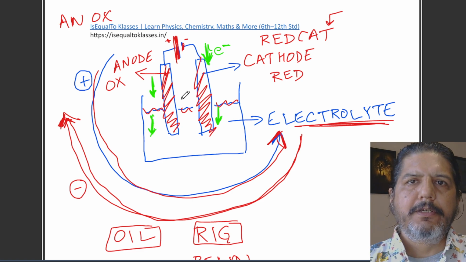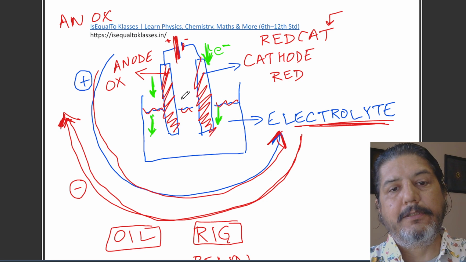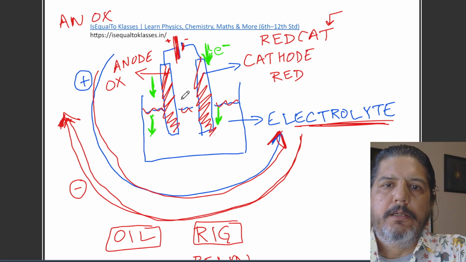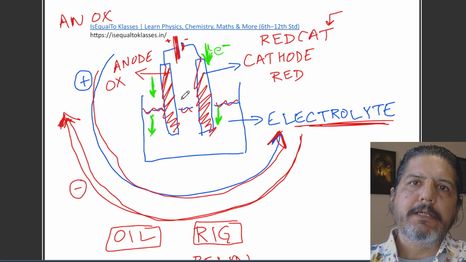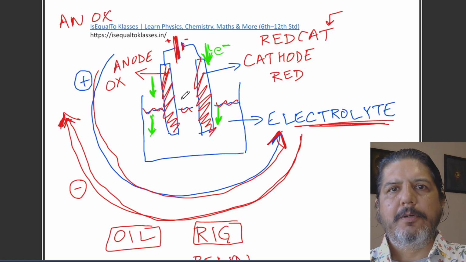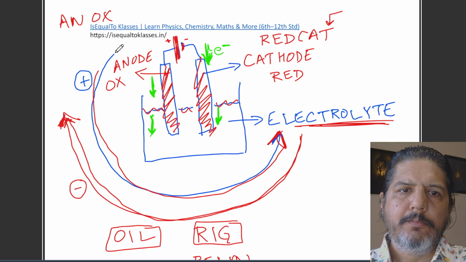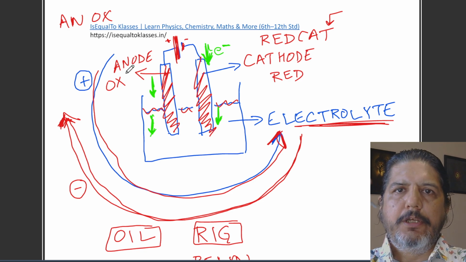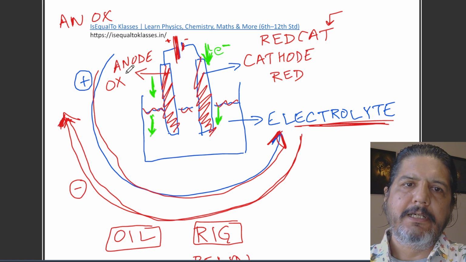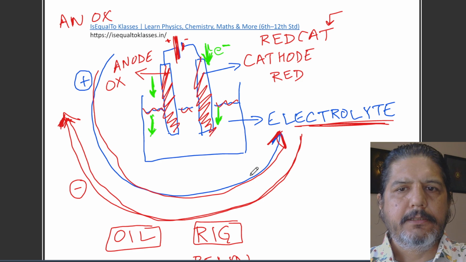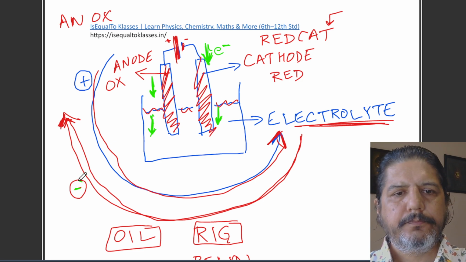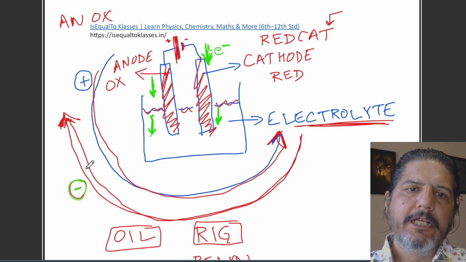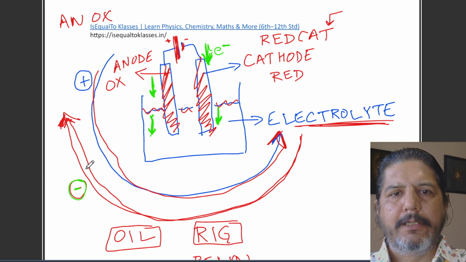These are simple ways of visualizing electrolysis. They will help you a lot because at times things get a bit confusing. So always remember that if we complete the cycle, the positive ions will move in the anti-clockwise direction, and the negative ions will move in the clockwise direction. Remember that.